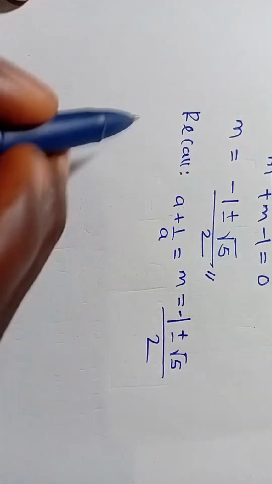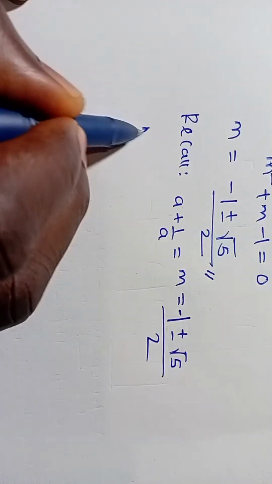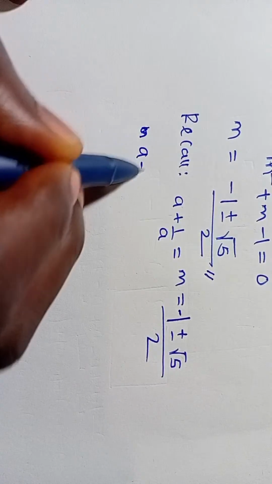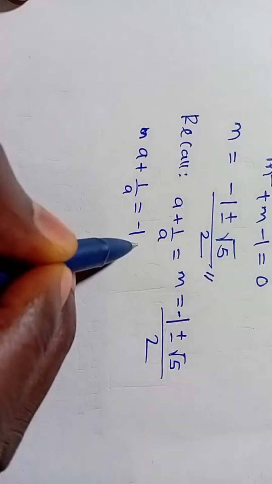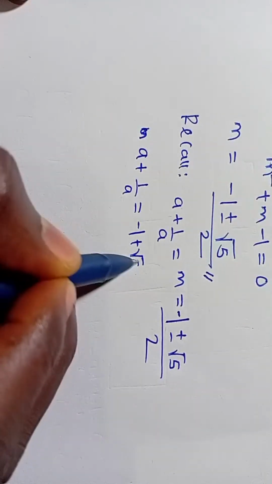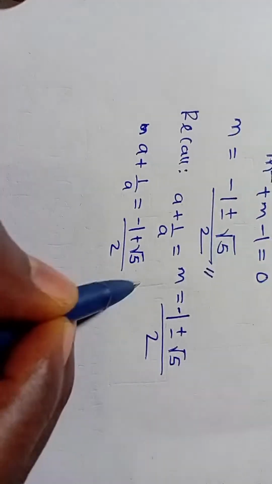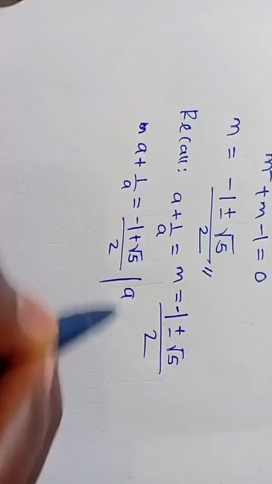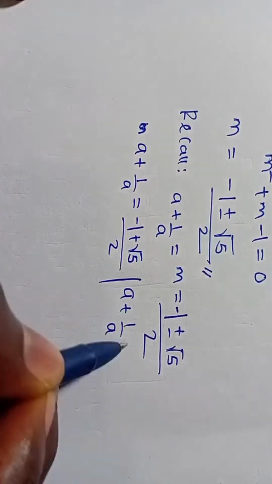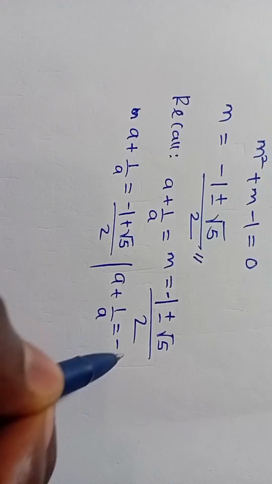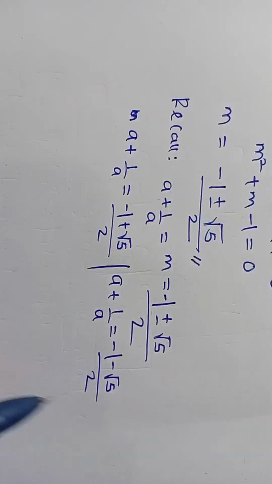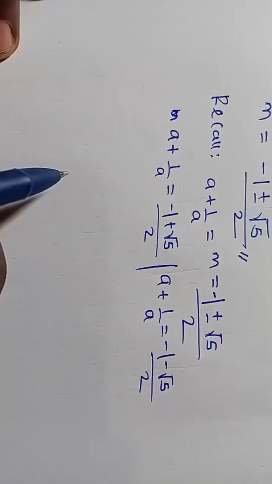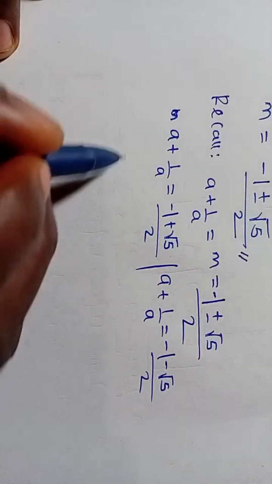Meaning we can now define this as a plus 1 over a equals minus 1 plus root 5 over 2. A plus 1 over a to be minus 1 minus root 5 over 2. So we have this.